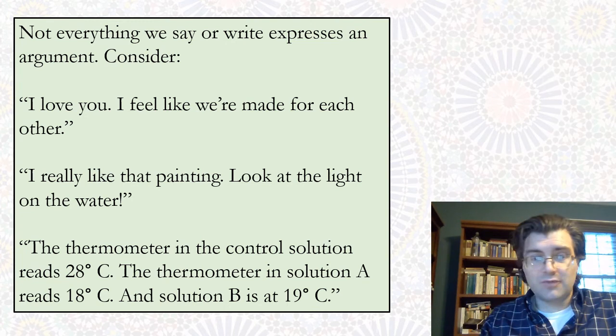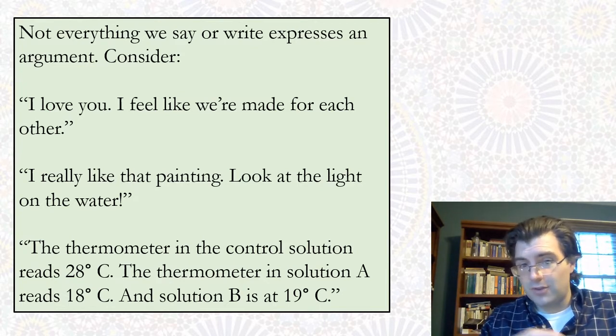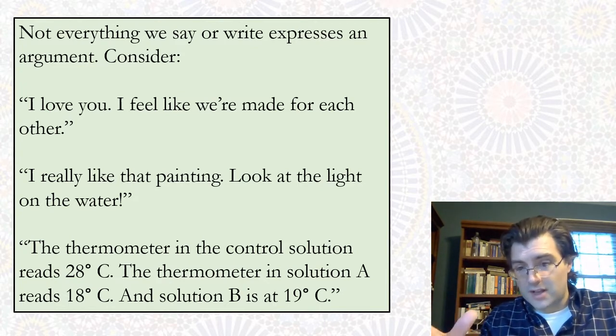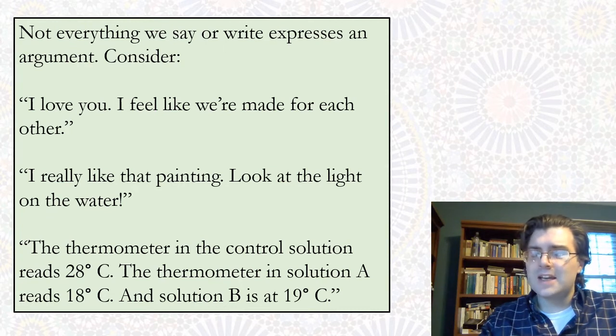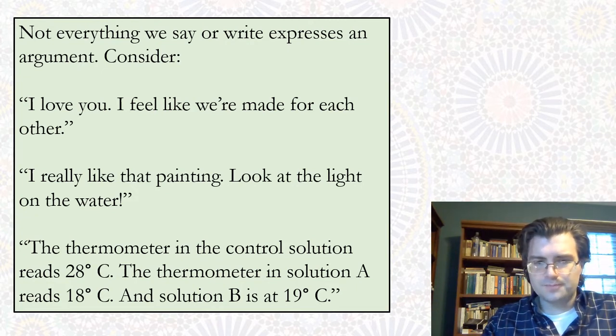It's not like I'm trying to convince you that I love you because I feel like we're made for each other, or that I feel like we're made for each other because I love you. They're just two very nice and related things to say to somebody, but they're not standing in a justificatory relationship with one another. It's not that one of them is supposed to provide evidence for the other.